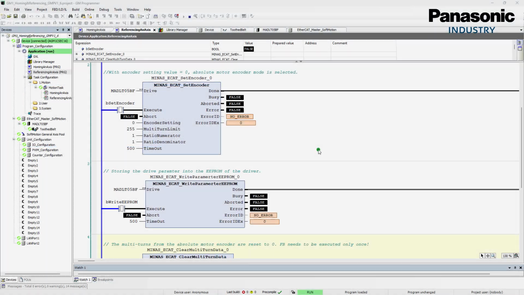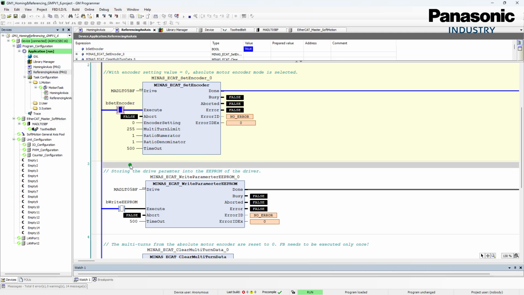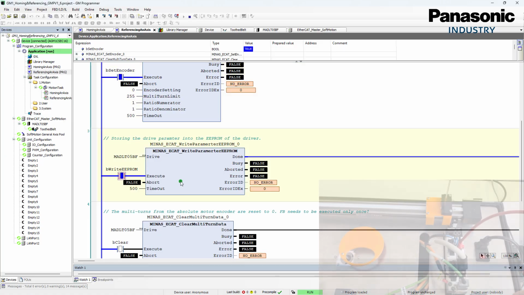We parameterize our function block with encoder setting equals 0, which selects the absolute encoder. These parameters are then written to the EEPROM of the servo drive. After that, a power reset is required for the changes to take effect.